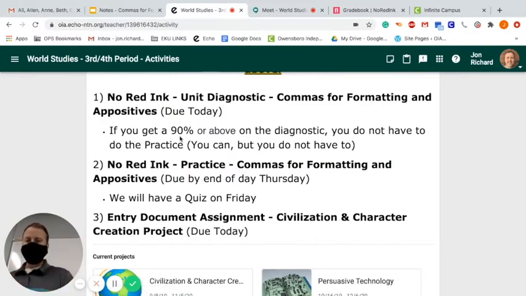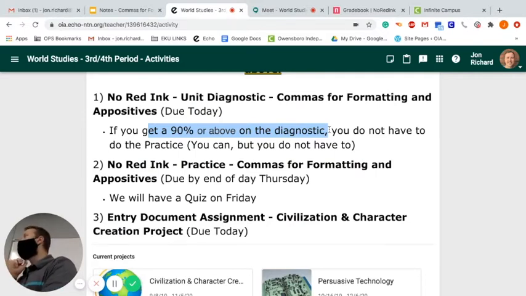Now, here's the deal. If you get a 90 or above, 90, 95, or 100 on the diagnostic, you automatically get credit for the practice because you've shown me in a practice quiz that you know the information. So I'll give you 100 on the practice. Now, if you don't take the diagnostic and you don't do the practice, you'll get a 0 on the practice.